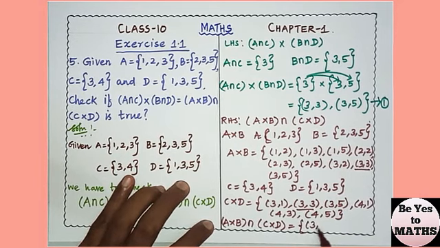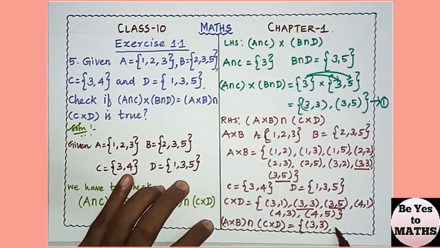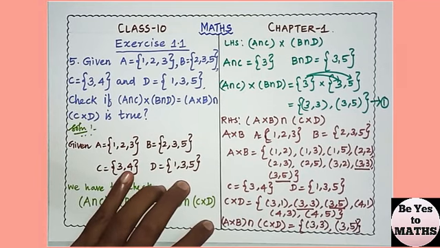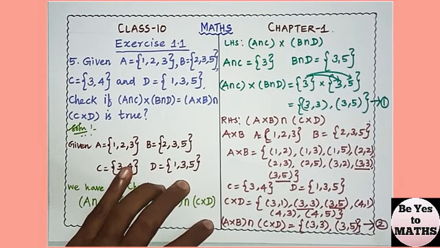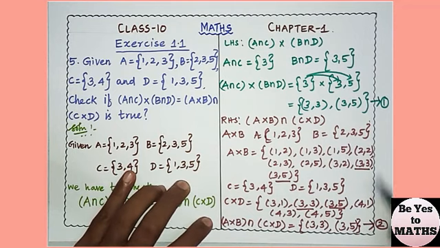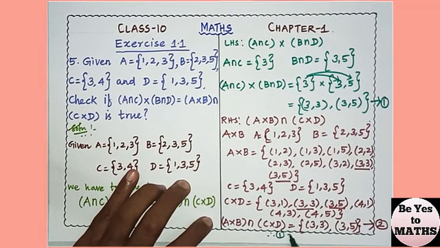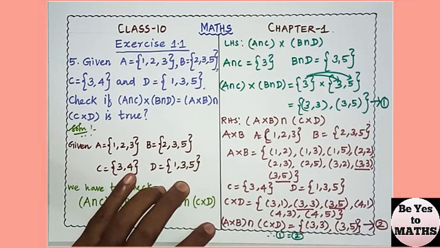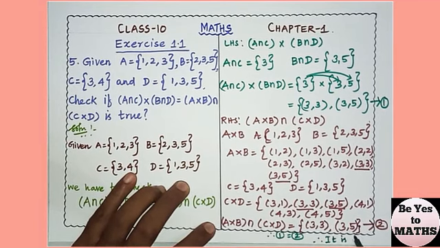So (3, 3), (3, 5). Take this as equation number 2 because right side is over. Now see equation 1 and 2 both are equal, isn't it? Therefore equation 1 is equal to equation 2. Therefore the given condition is true.